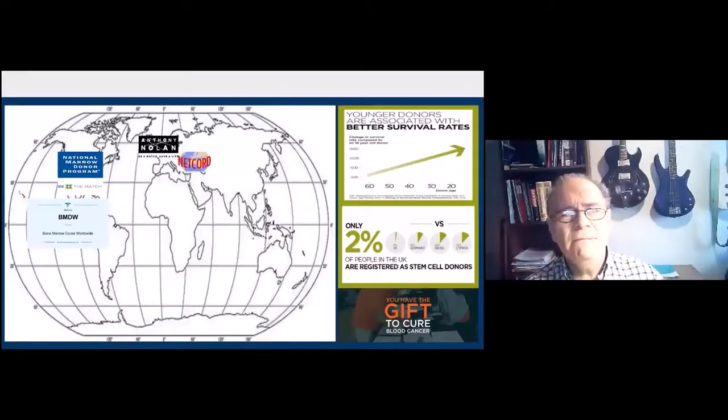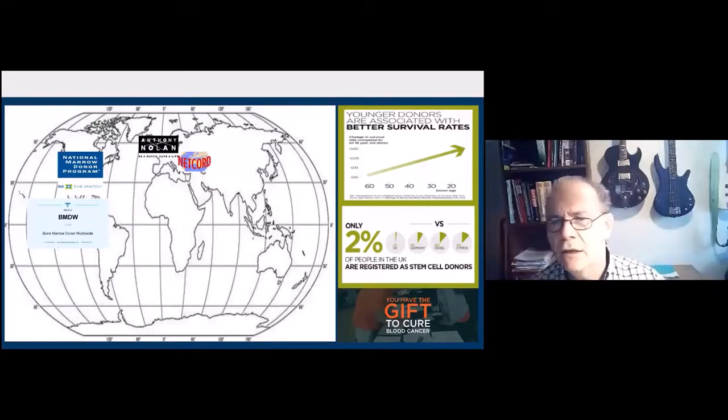And we have many registries around the world: the National Marrow Donor Program, Be the Match in the United States, the Bone Marrow Donors Worldwide. In Europe, we have the Anthony Nolan in the United Kingdom, and for cord blood, public cord blood banks, the NetCord FACT organization.